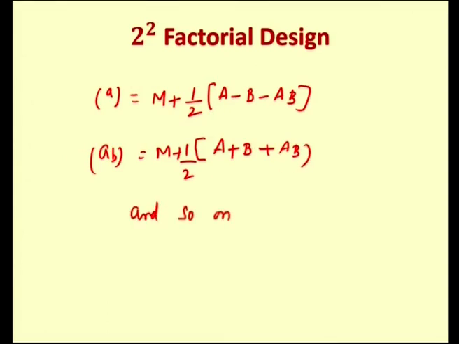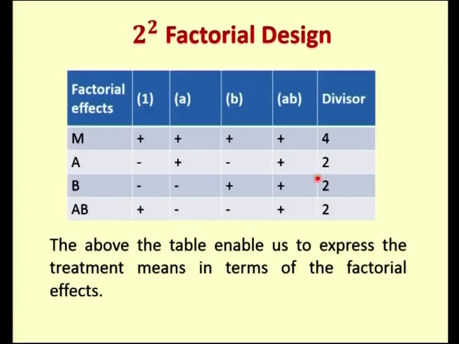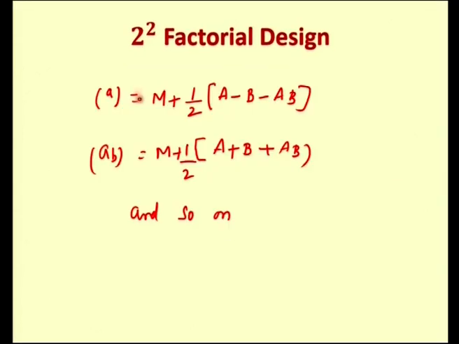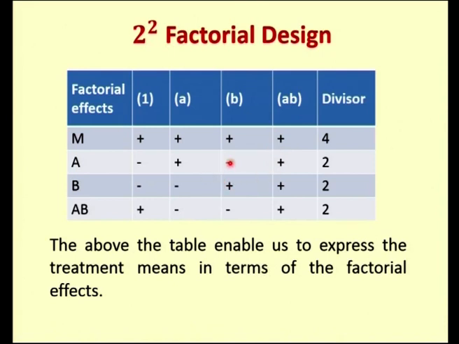For A the divisor is 2, and we have m plus 1 by 2 of A minus B minus AB. This is based on the negative and positive signs given in the table.